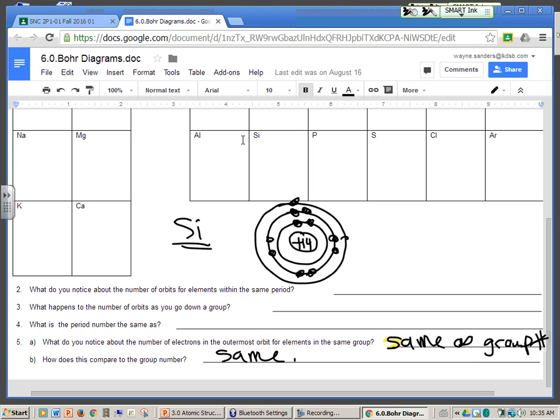I like them to be on their own, and that's how silicon is drawn. So we can now draw some Bohr diagrams without having to go through counting each one. We can draw them in one shot.